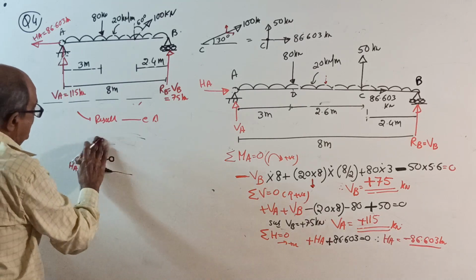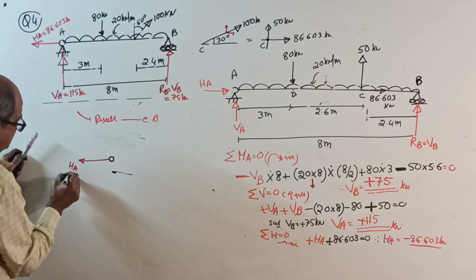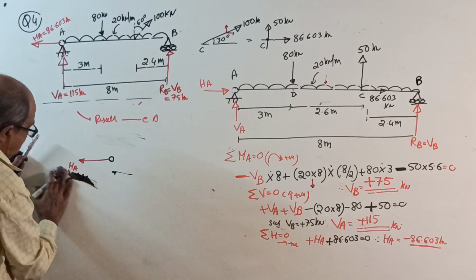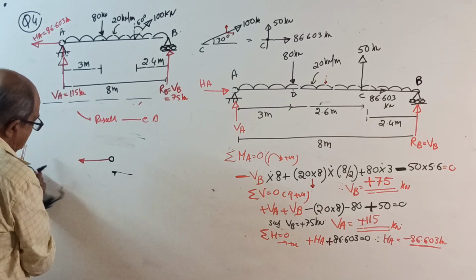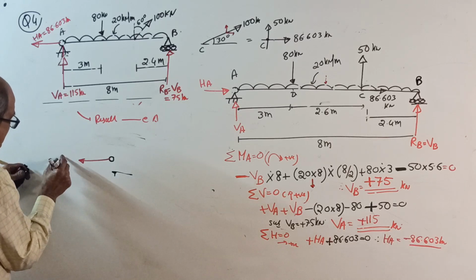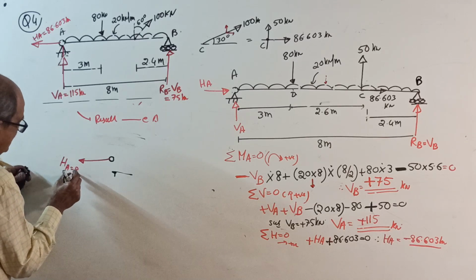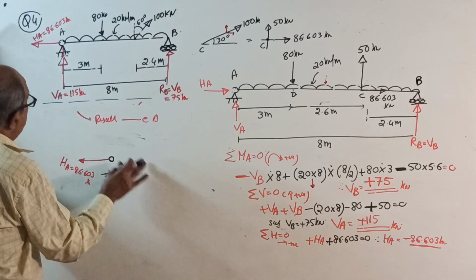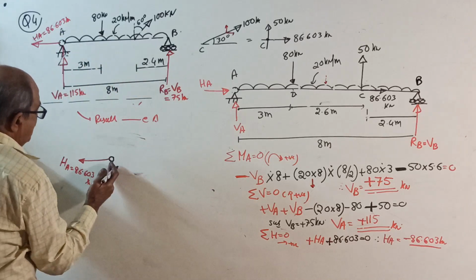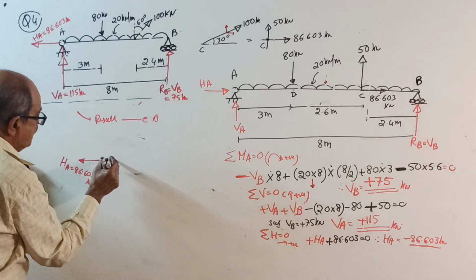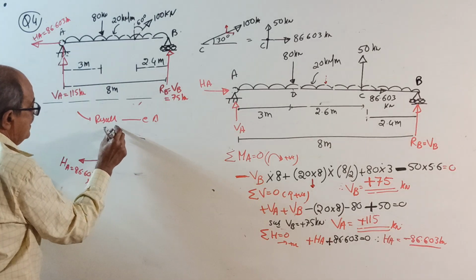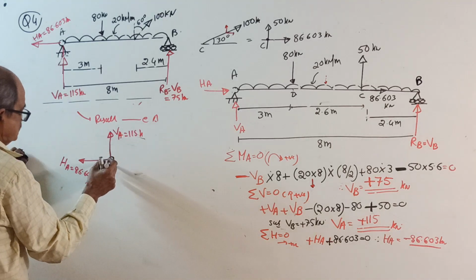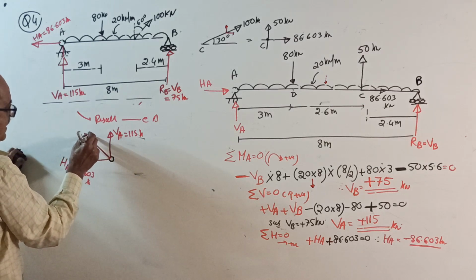HA is 86.603 kilonewton. VA is this way, but you have to write it this way now. See, you have to take it up so that both are outgoing. VA equal to 115 kilonewton. So your resultant reaction will come this way.